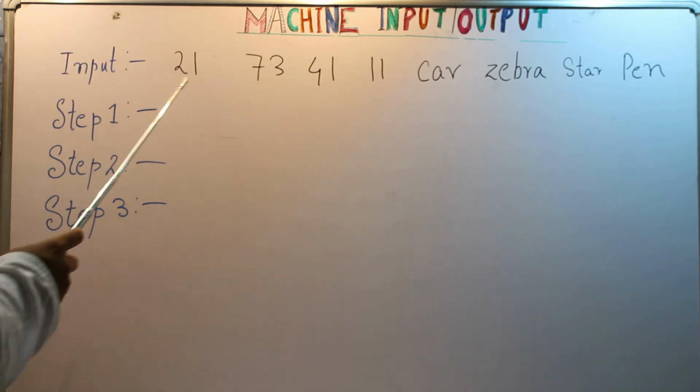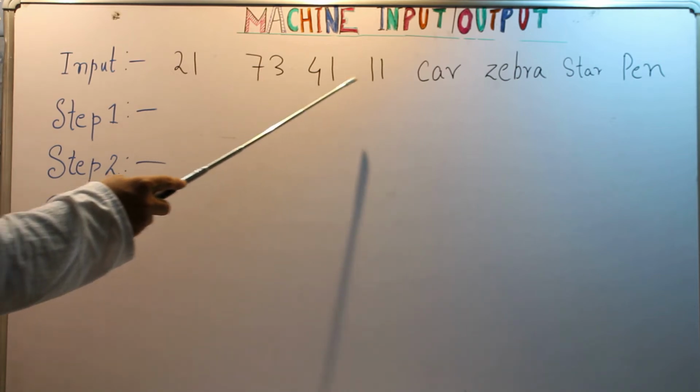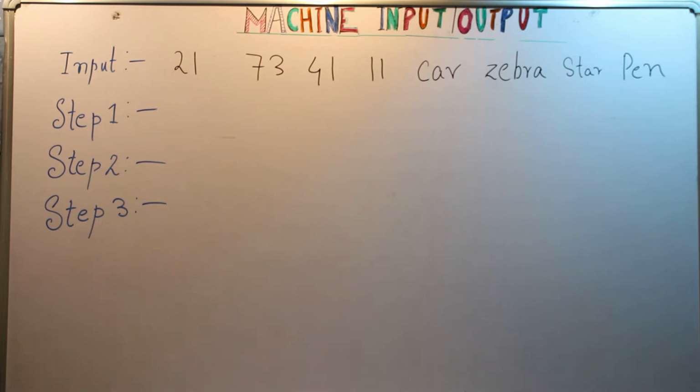So the input provided is 21, 73, 41, 11, car, zebra, star and pen. Okay.